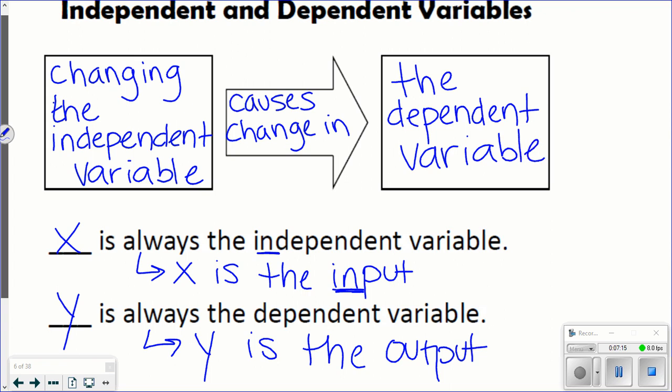So your dependent variable depends on the independent variable. The dependent variable y depends on the independent variable. Some people like to think about that as your y-axis depends on the x-axis in order to stand up vertically.